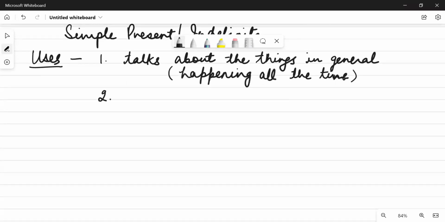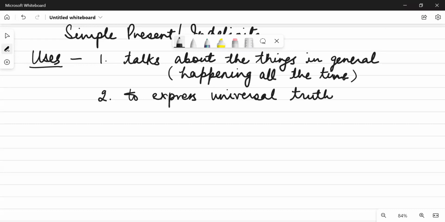Now the second use that we have is to express universal truths, or general truth. It can be a scientific truth also. When we say universal truth, for example, the sun rises in the east, that is a universal truth.